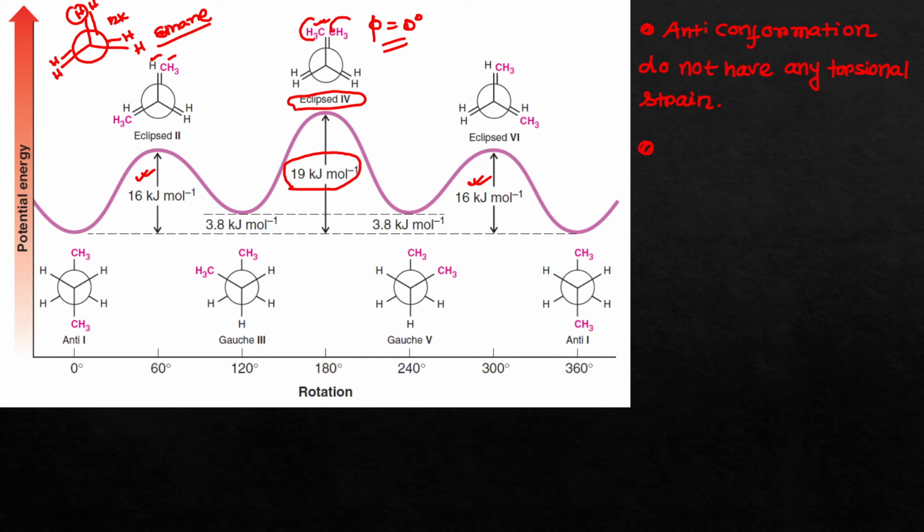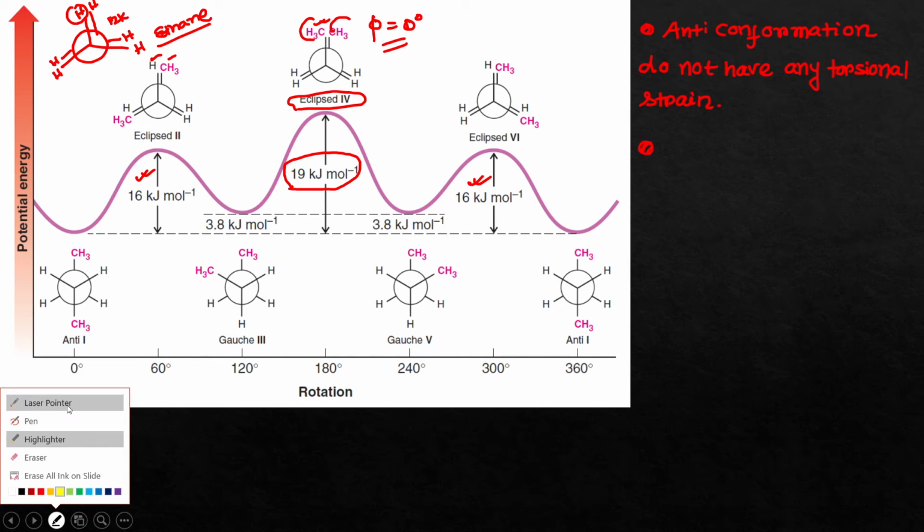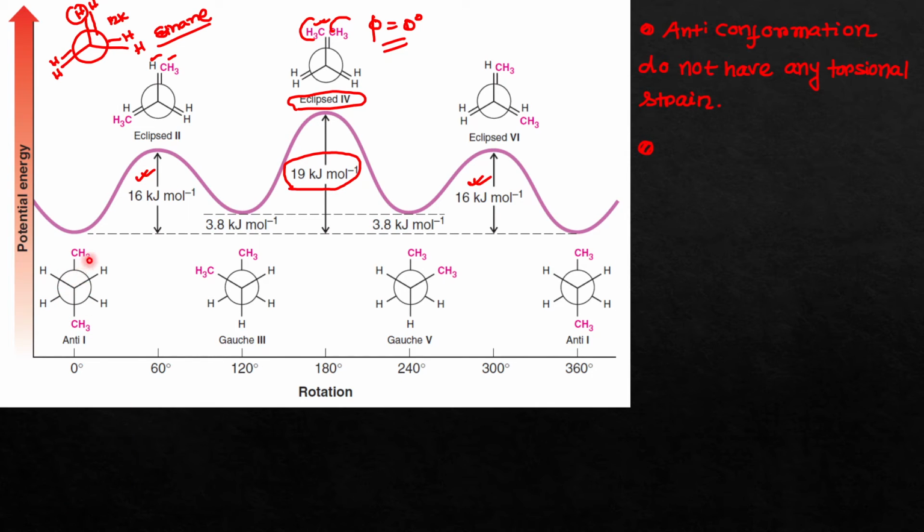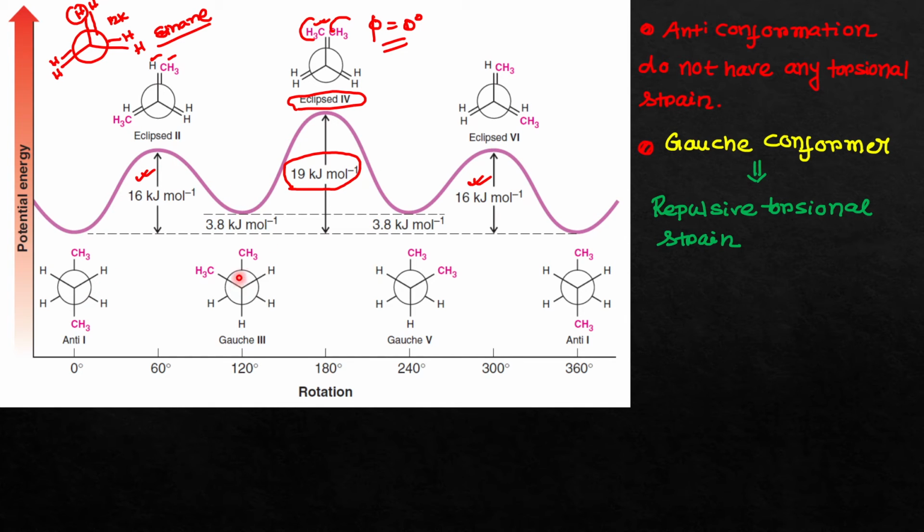So you can see the anti-conformation does not have any torsional strain, as I have told you. In the anti-conformation, as all the groups or atoms are far away from each other, they do not have any torsional strain, while the gauche conformer has some repulsive torsional strain.